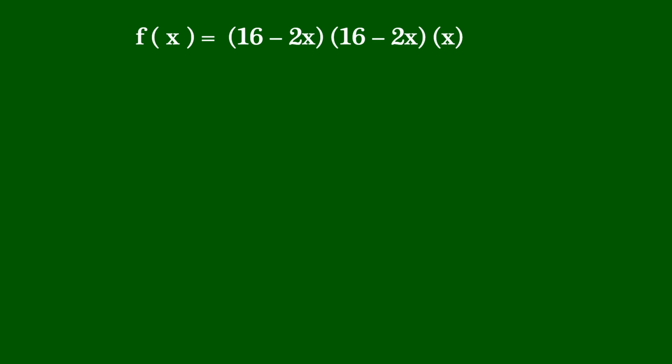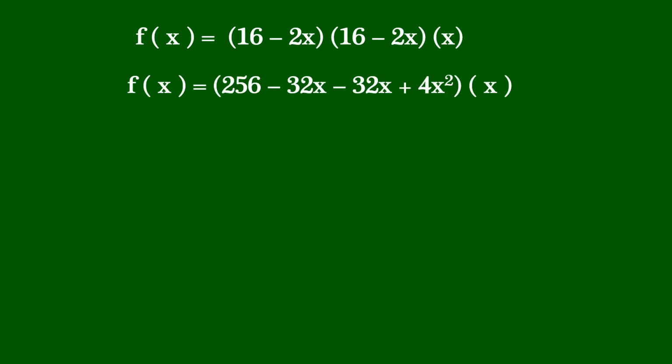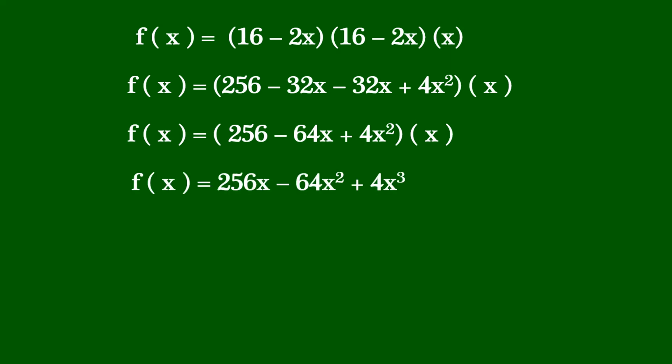So we say 16 times 16 is 256. 16 times negative 2x is negative 32x. Negative 2x times 16 is negative 32x. And finally, negative 2x times negative 2x is positive 4x squared. I will combine like terms. All right, now I'm going to distribute the x. And finally, I'm going to rearrange them and come up with our nice, easy looking function.